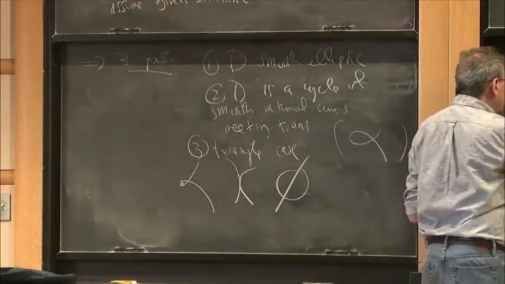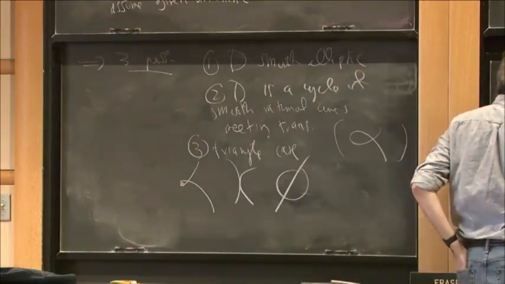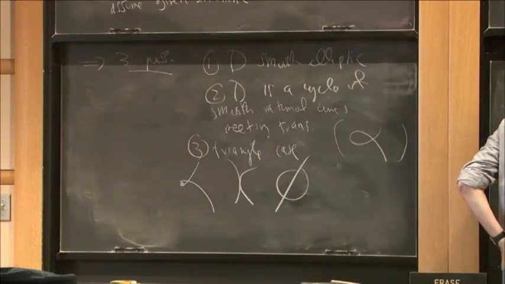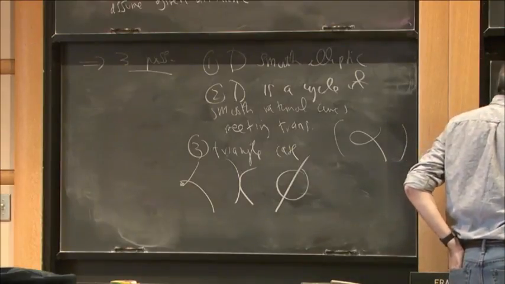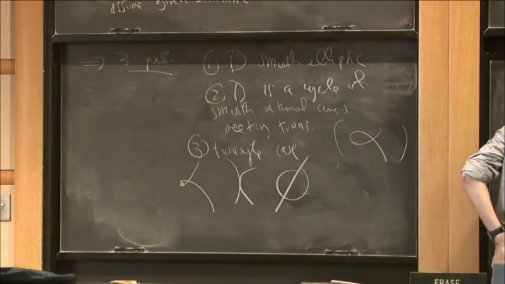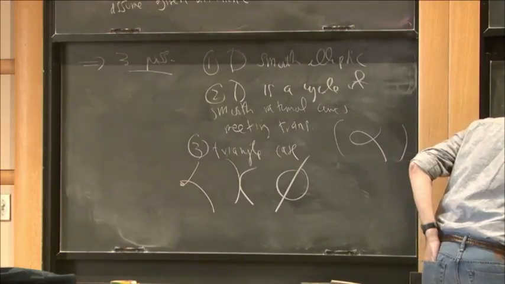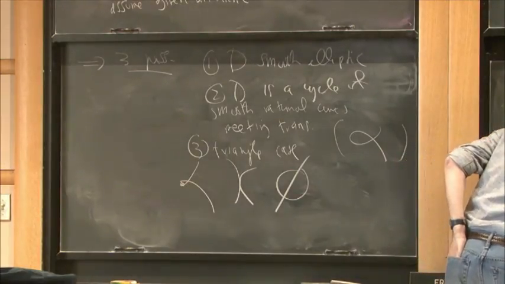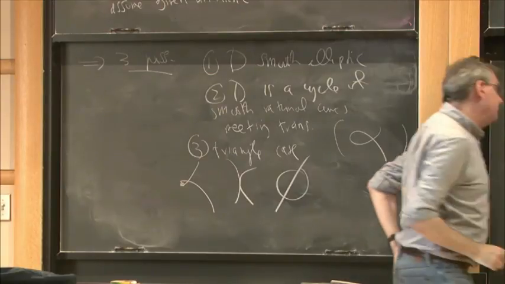You start out with a class alpha in lambda that corresponds to some line bundle L_alpha, but it has the property that L_alpha restricted to Di has degree 0. So L_alpha restricted to D is in Pic naught of D, and you choose a fixed isomorphism of that with G_m.